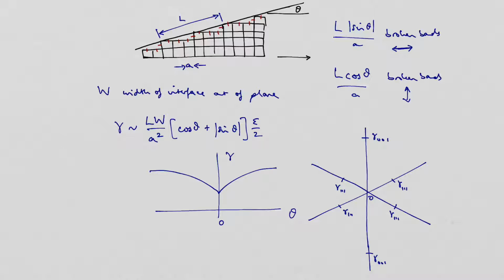Then as I go round, in other words, those low index planes are cusps because they're particularly low energy.